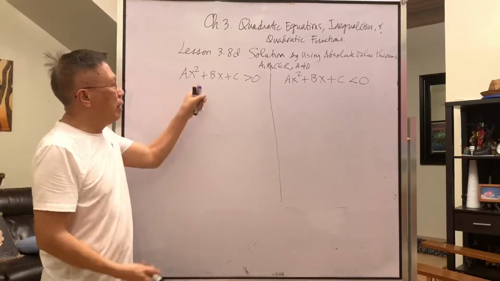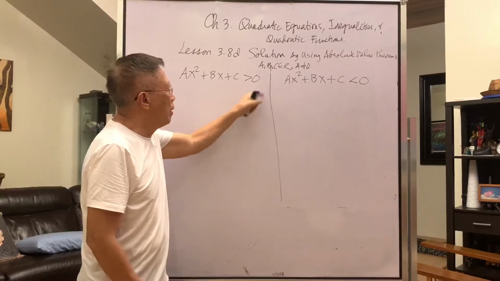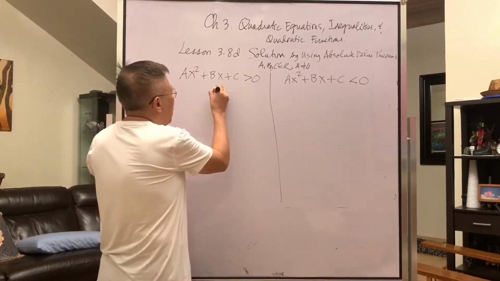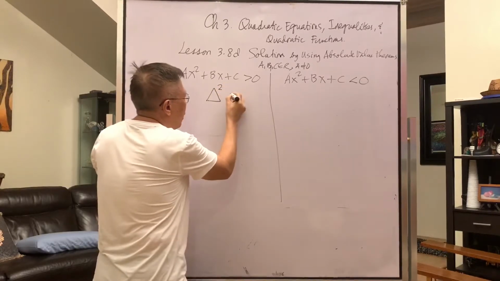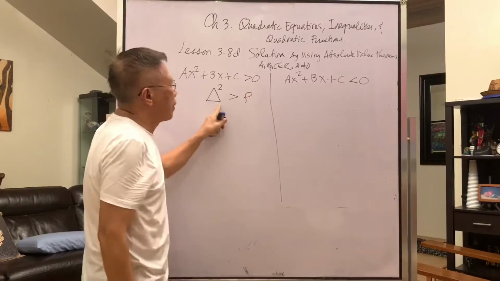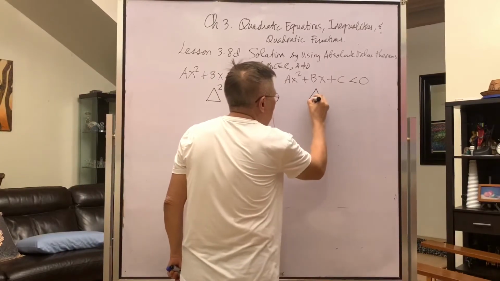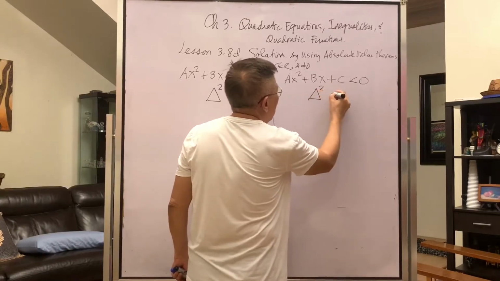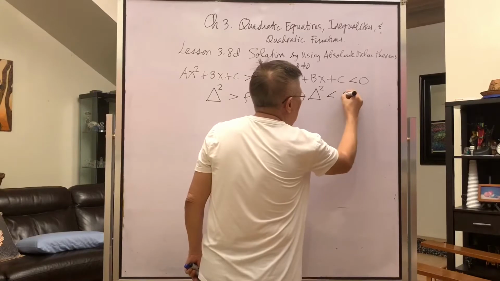Our object here will be to write this inequality in the form square greater than, let's say, a number p. And here the same thing, we want to write that inequality in the form square less than a number p.